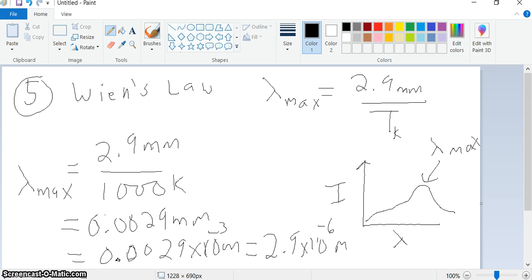For that, we're going to use Wien's law, which we used before. Remember, lambda max is equal to 2.9 millimeters divided by the temperature in Kelvin, where lambda max, if you do this with your telescope and a detector, you would find the peak wavelength on a black body curve. This is called a black body curve, the intensity versus the wavelength.